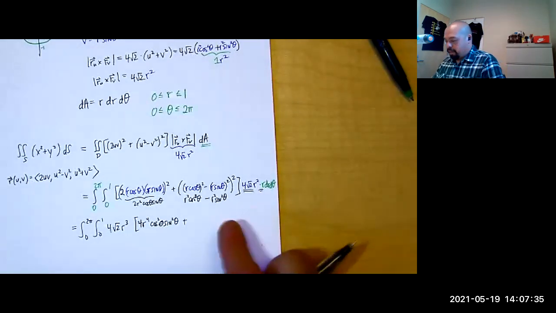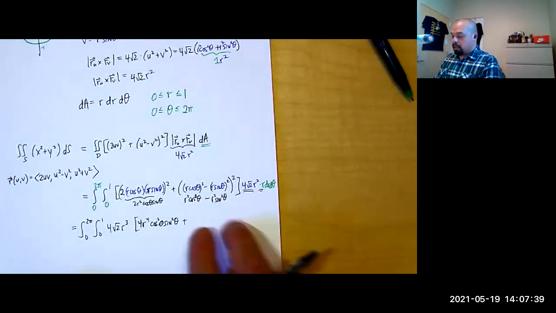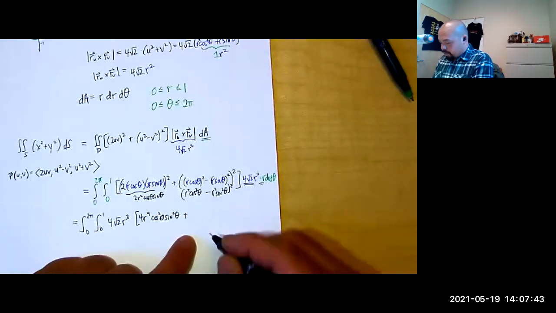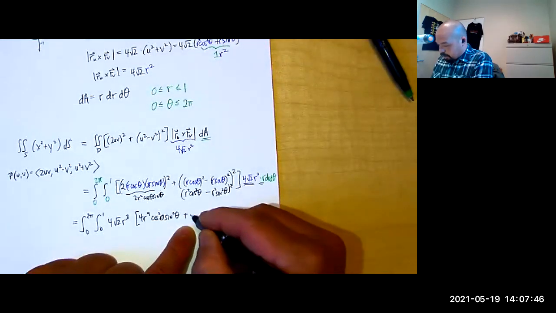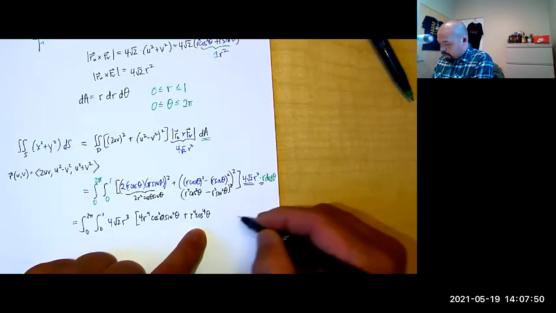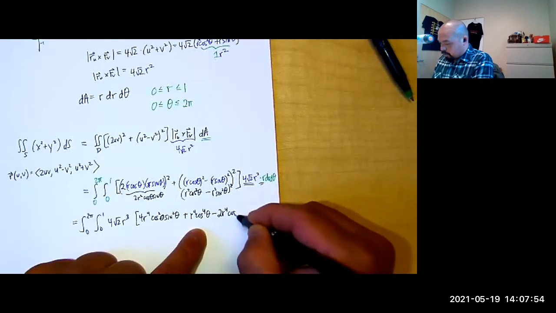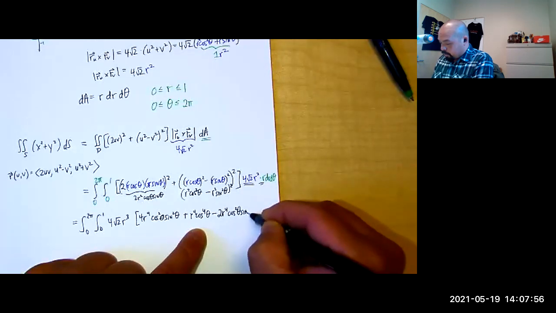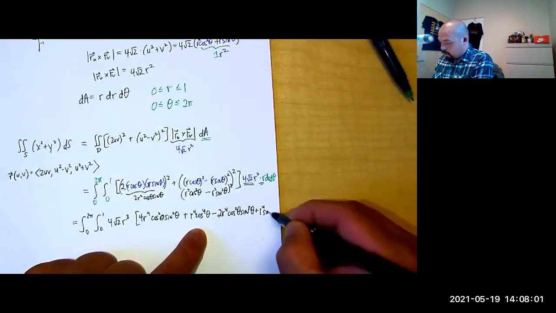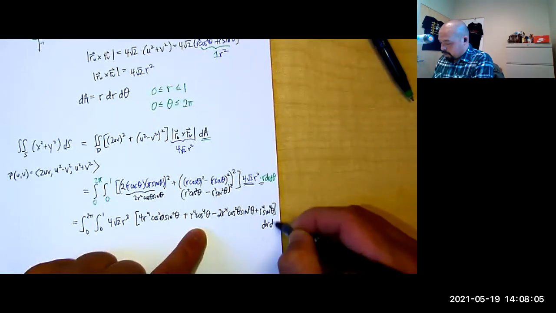And we could incorporate some of those double angle identities, half angle identities, right, to simplify. But if I just square that component, we're going to get here r to the fourth cosine to the fourth theta minus 2r to the fourth cosine squared theta sine squared theta plus r to the fourth sine to the fourth theta. And that's still dr d theta.